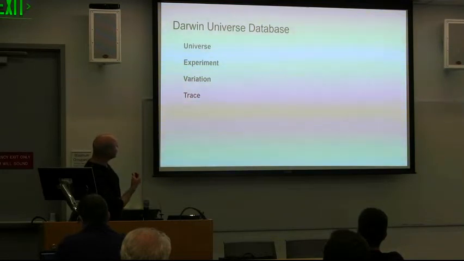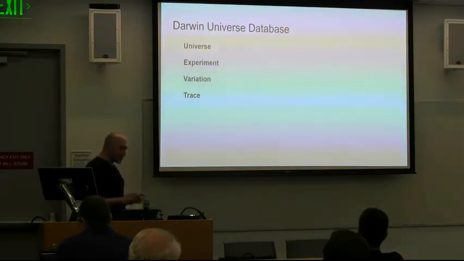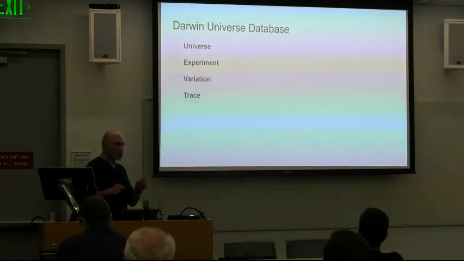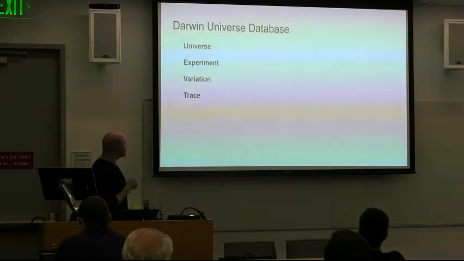The key concepts are the universe itself, which is the database, the storage for everything else. The experiment, which is pretty much a pair of a domain and the population. And then the variation has the specific hyperparameters, the configuration of the experiment. Each variation defines a specific instance of an experiment.